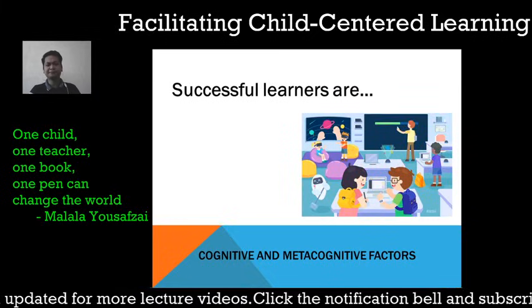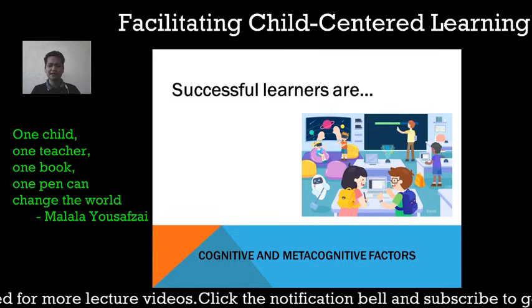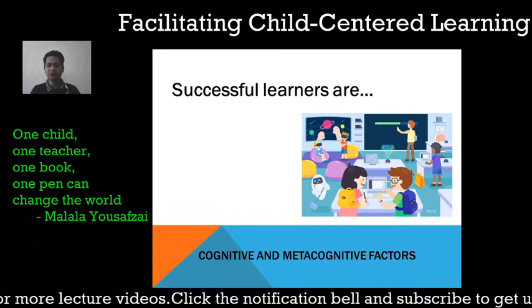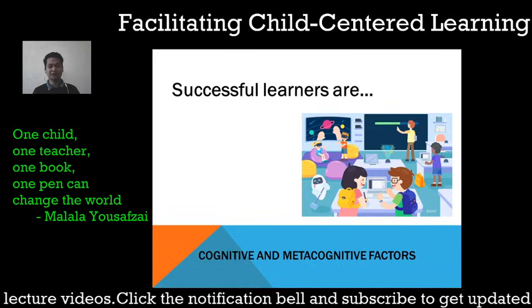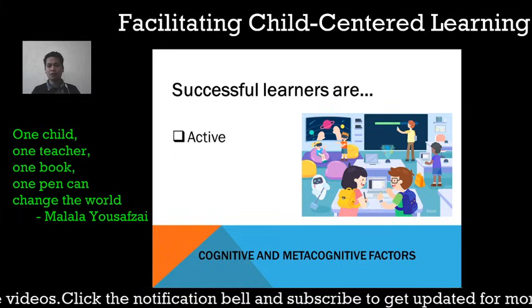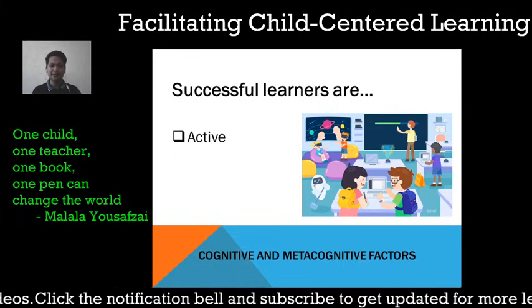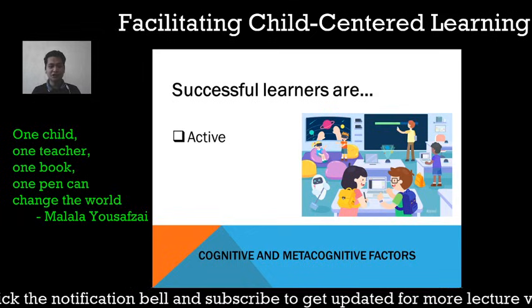Okay, and these are the characteristics of successful learners. So you could assess your students, or for now you could assess yourself whether you are a successful learner or not. So first, active. When can you say that your student is active? Okay, when they take part in the teaching learning process.